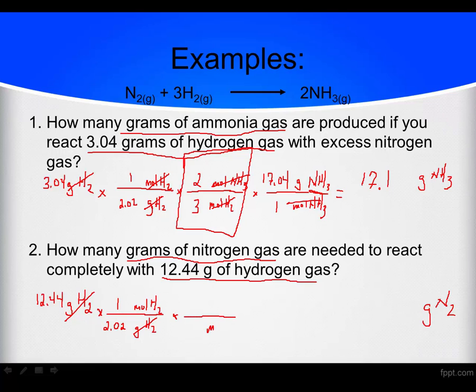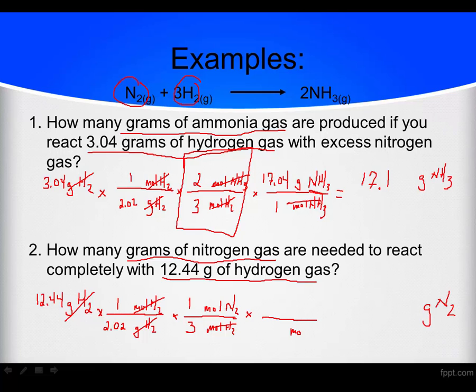Once I'm in moles of hydrogen, I can convert to moles of nitrogen gas. We're using the molar ratios from the balanced equation. So we're going to use 3 moles of hydrogen and 1 mole of nitrogen. Got to put those numbers in the right place. And moles of hydrogen and moles of hydrogen cancel.